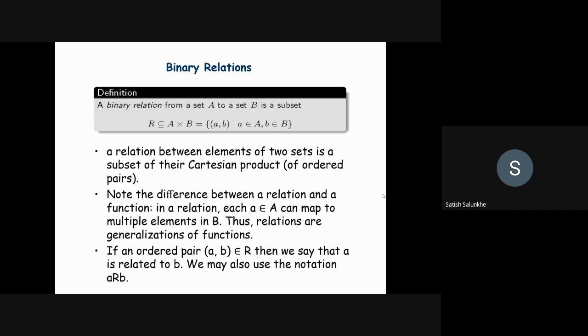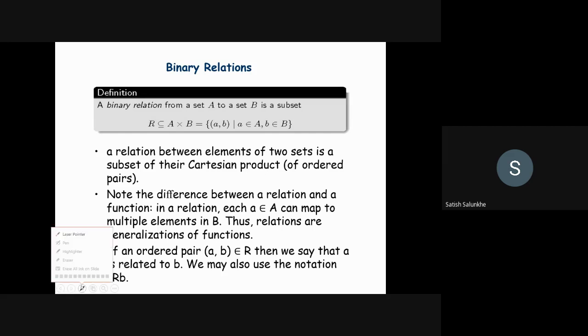Let us say Satish Salunke is one element, and maybe another element is your name. So what is the relationship from X to Y? That is Satish Salunke to you. So Satish Salunke is a teacher of Y. So 'is a teacher' is a relation. So R connects one entity from one set to another entity from another set. Basically a binary relation.